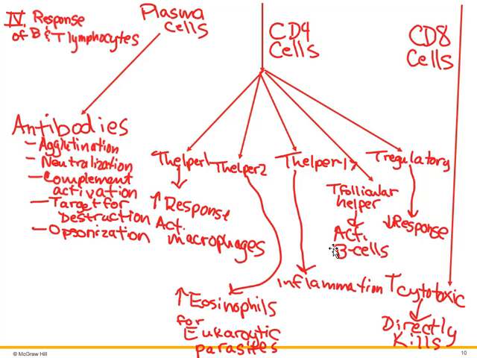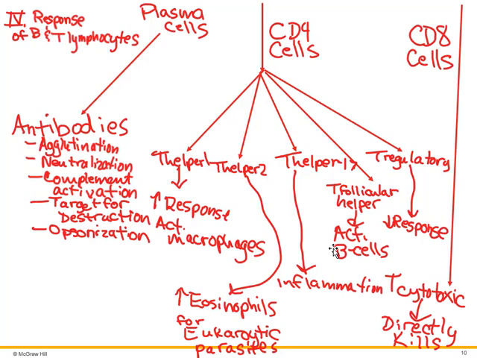So that's kind of a newer one. We used to think that the T helper 2 did that, but now we're finding that T helper 2 is more associated with these eukaryotic parasites. So now the T follicular helper has the job of activating B cells.